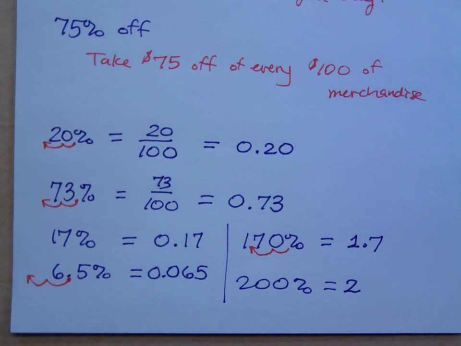Well, actually, it doesn't necessarily mean 2 times. It gets kind of weird when we start talking about percent increase and decrease. Okay, a 200% increase means that you would double the rate that it is, and you would add it to the original. So it gets kind of weird, but we'll see that in a few sections.